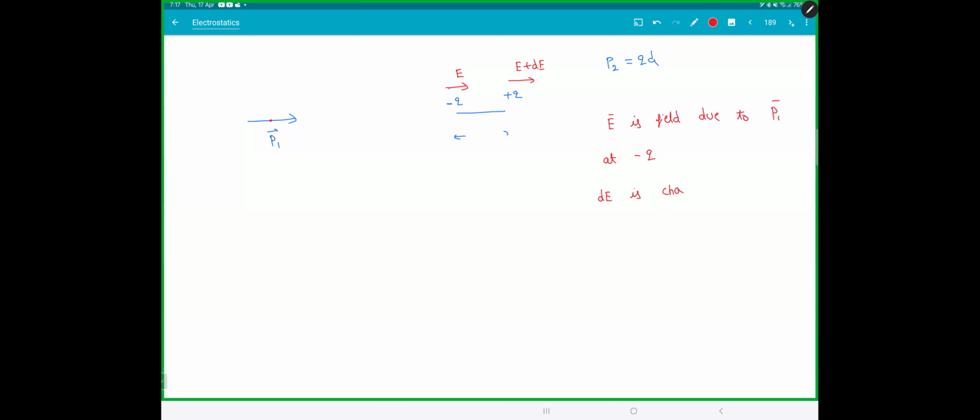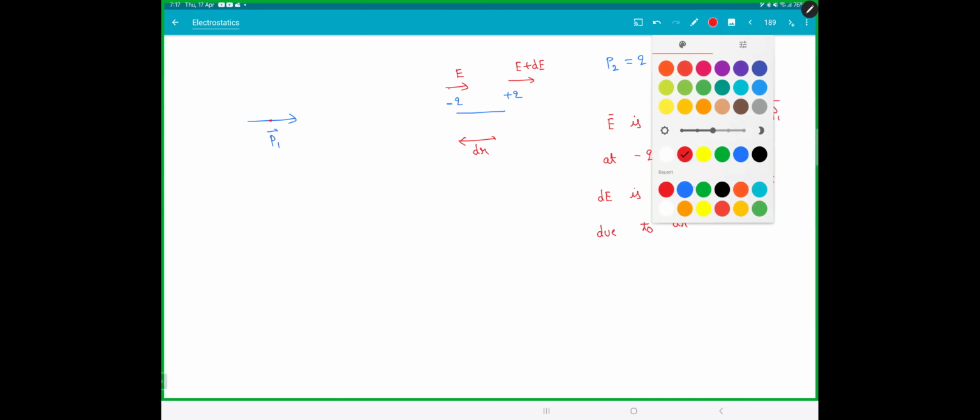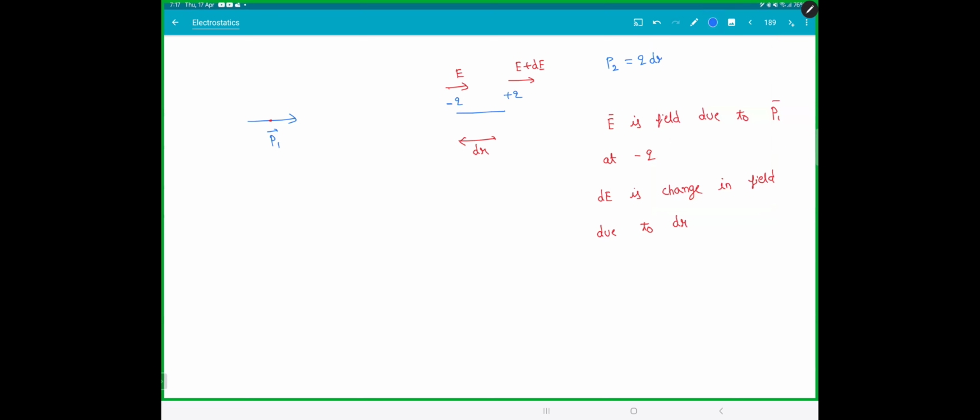Let's call this thing dr. So from here to here, you're changing a distance dr. This is Q into dr.